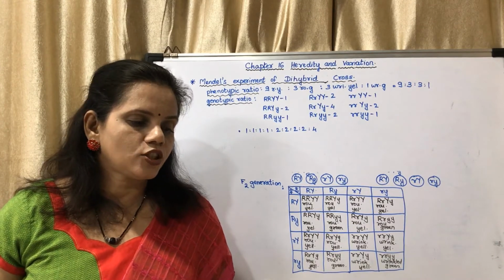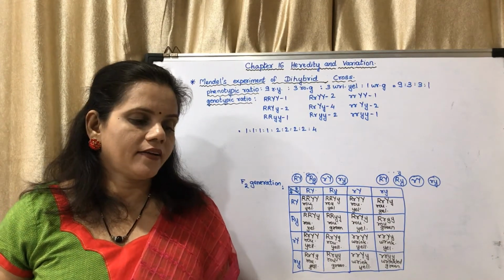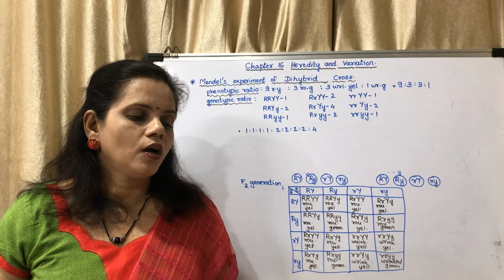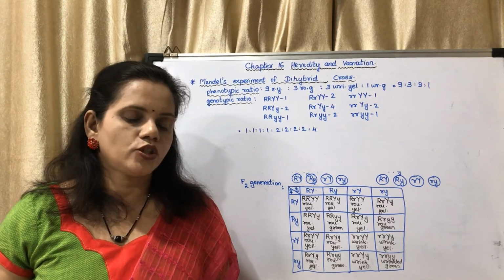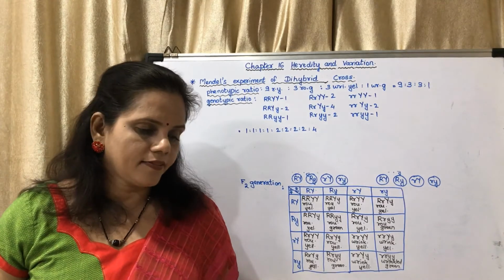So what will be the ratio? They have derived it as 1:2:1:2, 1:2:4, 1:2:1:1. You can write it anyway.